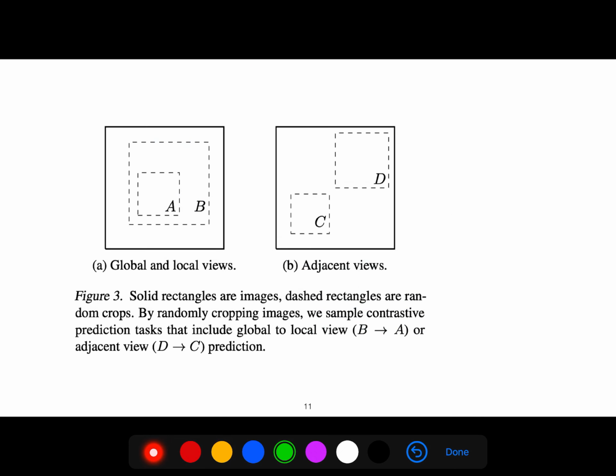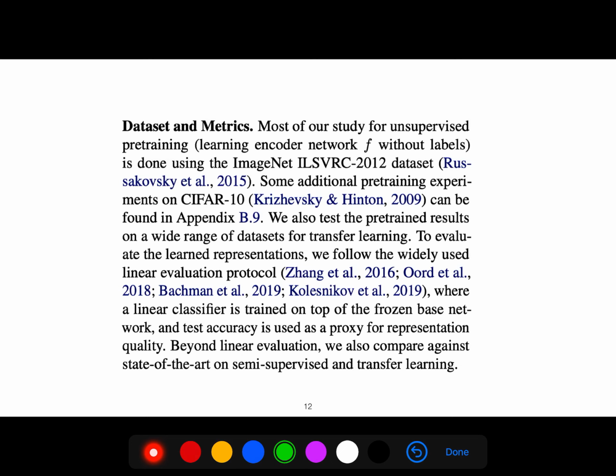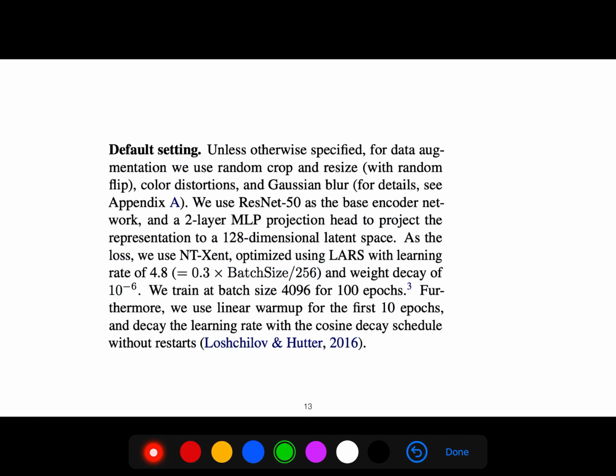And you see global and local views. Solid rectangles are images. Dashed rectangles are random crops. You crop an image very randomly. And for most of our study, some additional pre-training can be found. And then by default, we use a ResNet, as I said, ResNet-50. And what else?